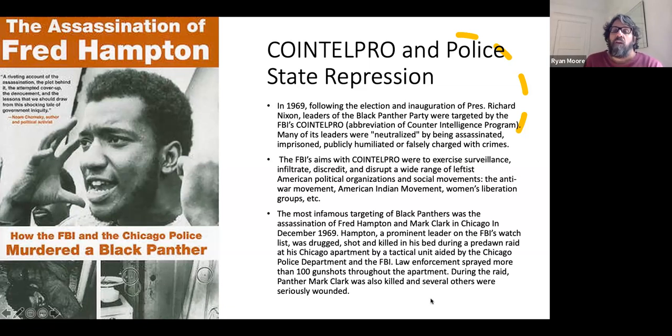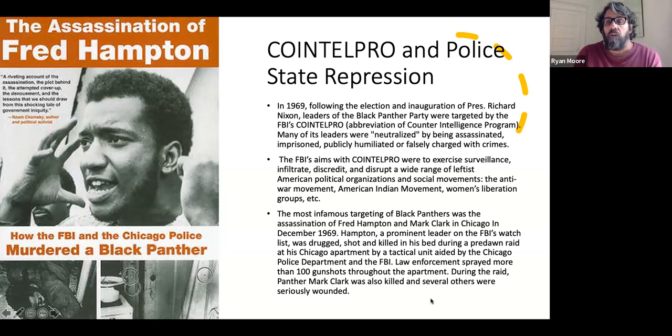Hampton was a prominent leader on the FBI's watch list, and working with the Chicago police and a tactical unit from the state of Illinois, they basically drugged him and then came into his apartment in the middle of the night and shot and killed him in his bed.